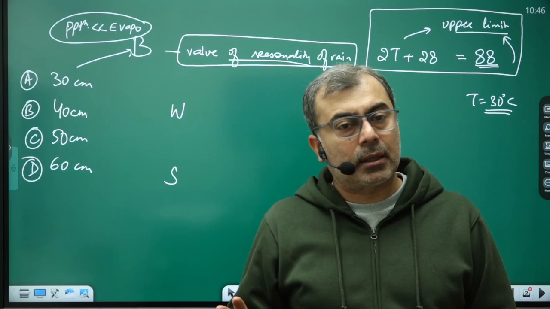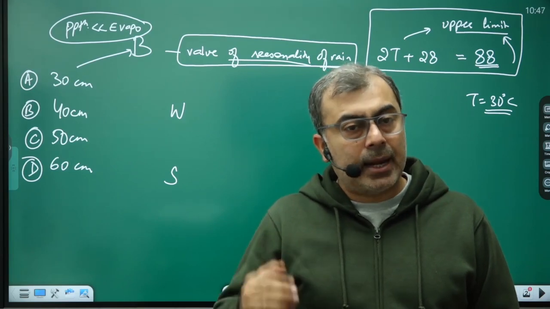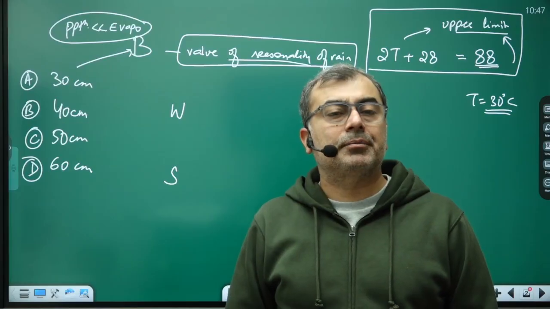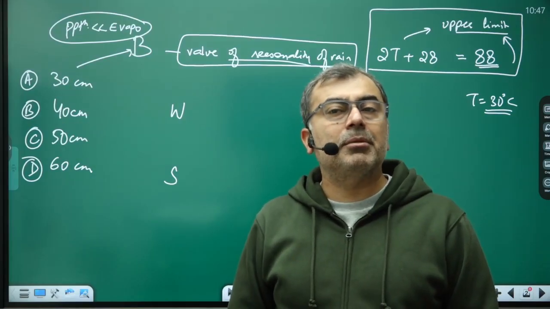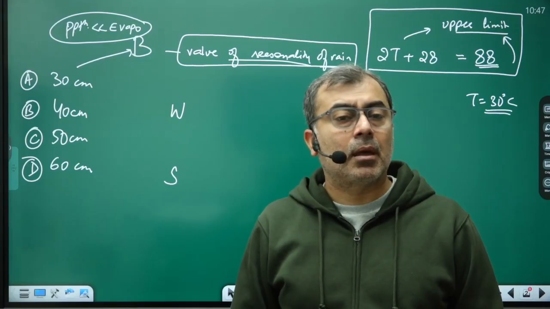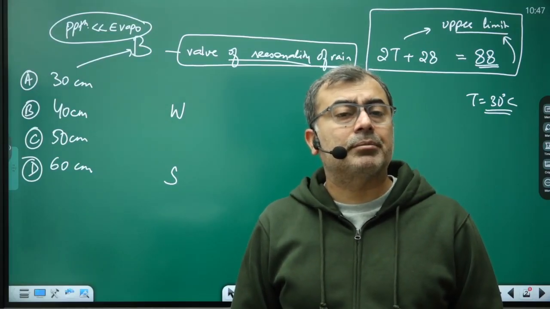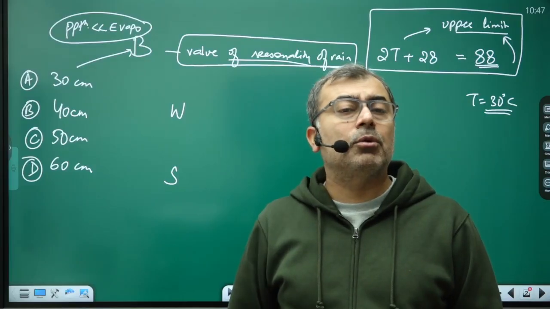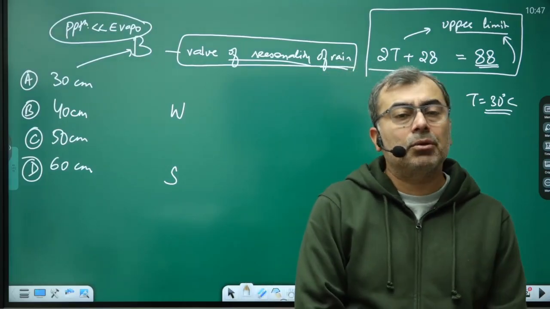Do you get that? And their precipitation is less than evapotranspiration. Should I put them under B or not? So I put them under B. Now I have to subclassify them into W and S. How will I know W or S? That is the question. Do you understand the problem first?